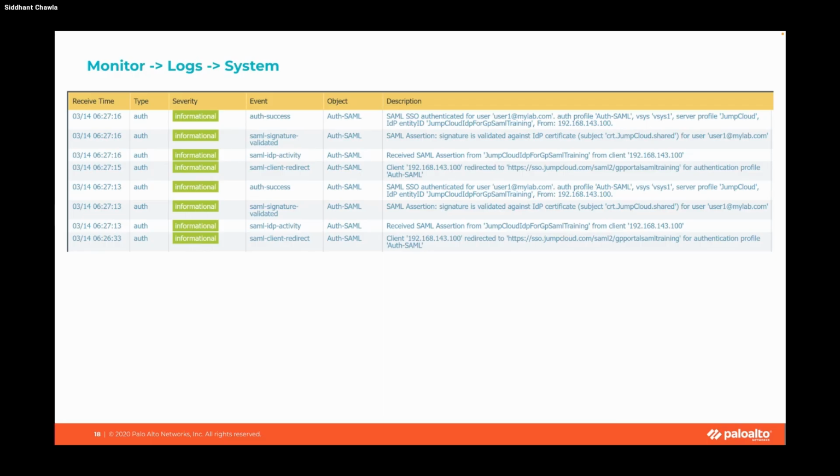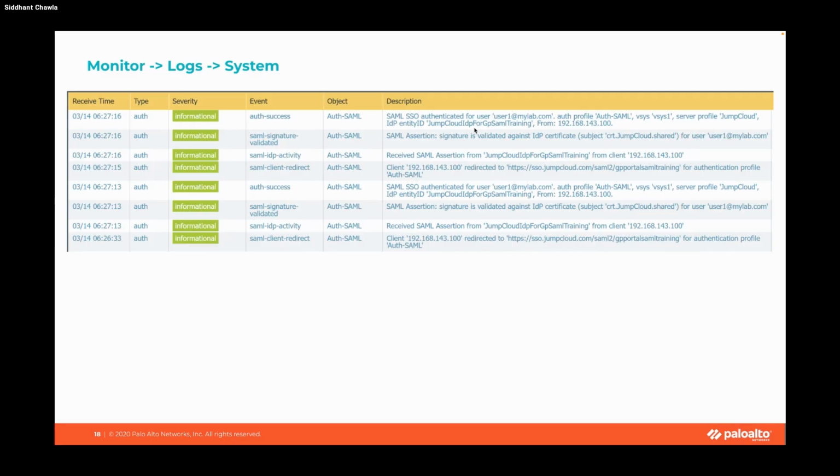So under system logs, you can also verify information about authentication success events. On top, you can see there's an auth success event. The object is auth SAML. So you can filter with this event or this object under system logs, and you can see under description, SAML SSO authenticated for user this, auth profile this, and server profile, whatever server profile is configured on the firewall.